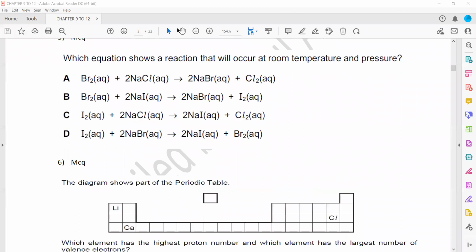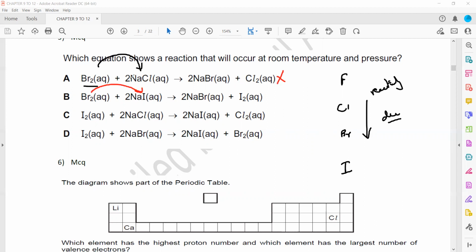So in question 5, always the more reactive halogen displaces the less reactive halogen from its compound. So we have fluorine, chlorine, bromine, and iodine. As we go down the group, the reactivity decreases. They become less reactive. So first, when we check bromine with chlorine, because bromine is less reactive, it won't displace. Then bromine with iodine.